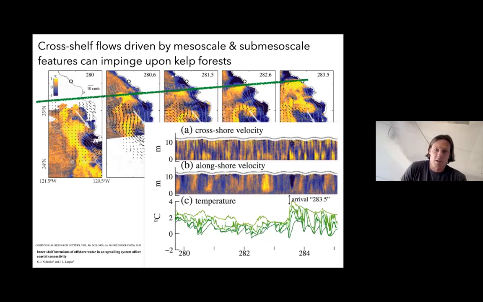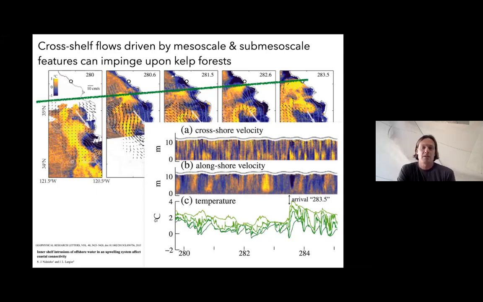And basically you can see this propagating feature. I've drawn a line across subsequent time snaps of the sea surface temperature to show how this warm water is propagating poleward. Consequently, in the time series plots in the bottom right, you can just focus on the temperature traces in green. These are thermistors located at multiple elevations within the water column where that white dot is.